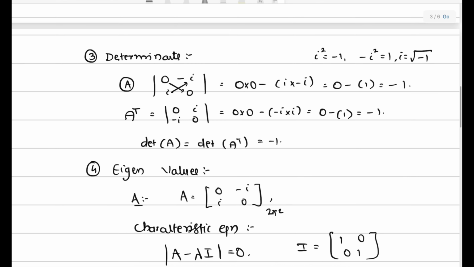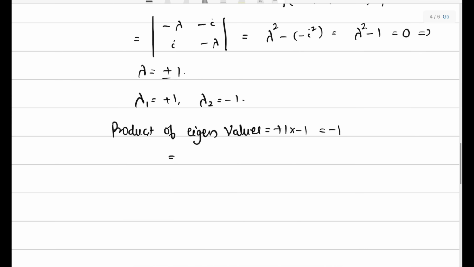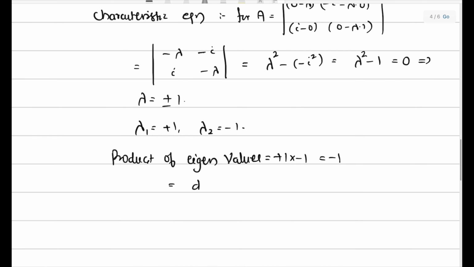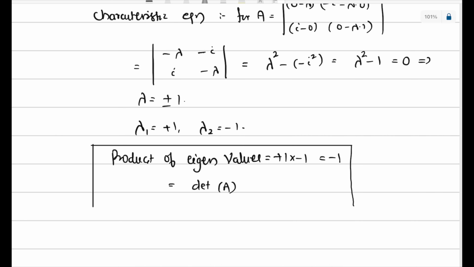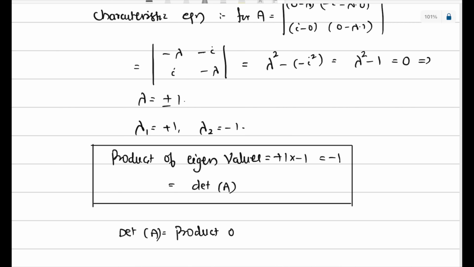This is nothing but the determinant of A. Very important observation: the determinant of a matrix is equal to the product of the eigenvalues. Very important derivation.